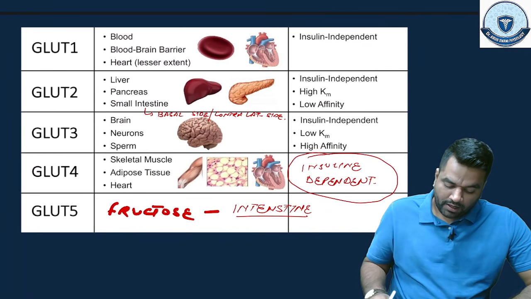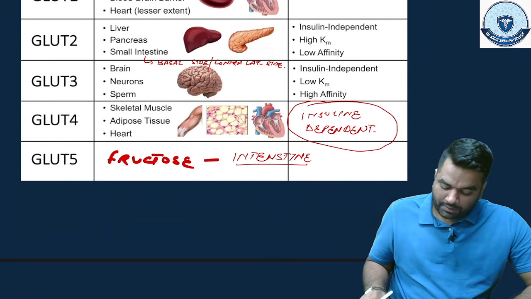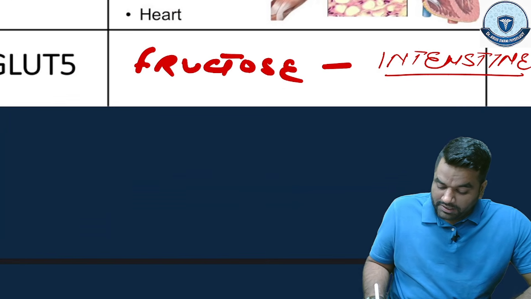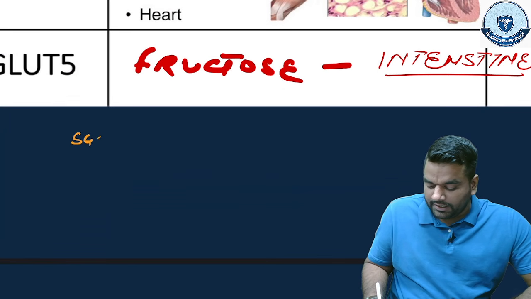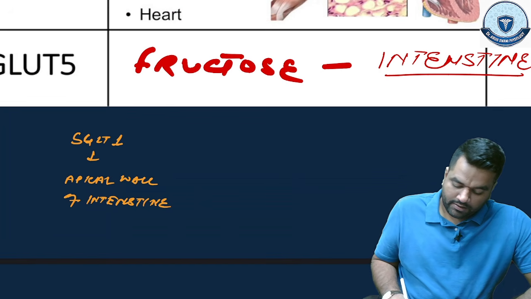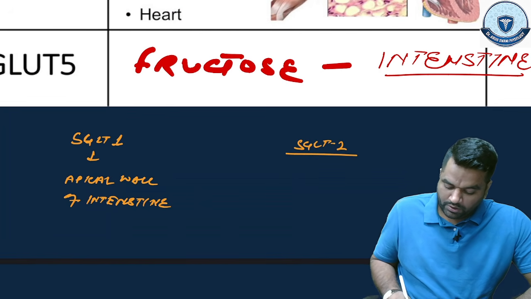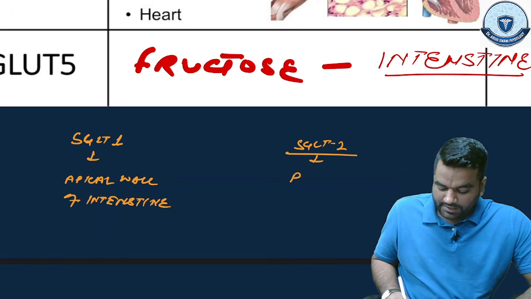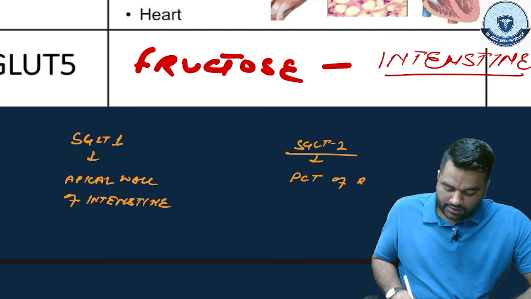Also remember about SGLT. Please pay attention. SGLT1 is situated in the apical wall of the intestine, and SGLT2 is present in the PCT of the renal tubule.